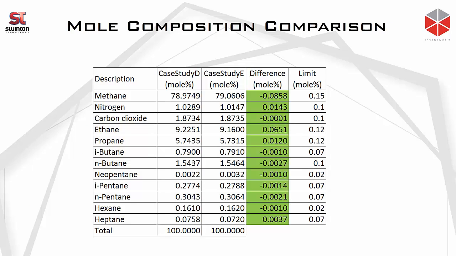If you see the difference here in the mole percent, for instance on methane, it is only half the actual limit. And every single individual component has a difference very far away from the actual limit of mole composition. So what we are saying here is that I don't really think the ASTM D1945 standard can be used as a comparison standard for two GCs measuring the same gas.